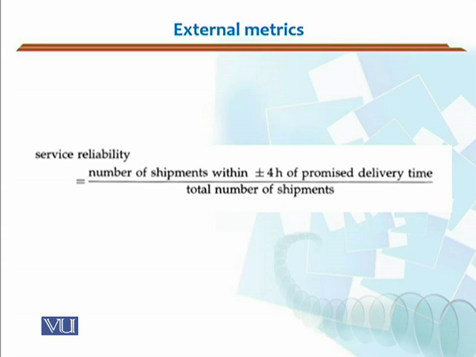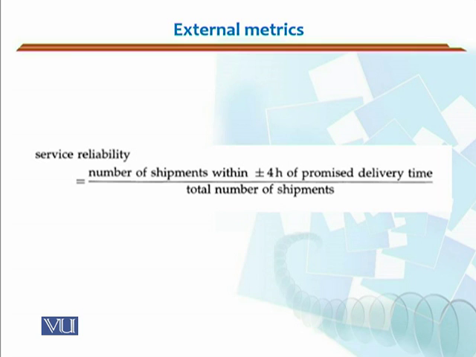Service reliability would be calculated as number of shipments within plus minus 4 hours of promised delivery time divided by total number of shipments. So you want your service reliability metric to be higher in number, because in that case, your total shipments within the minimum variability would be higher.